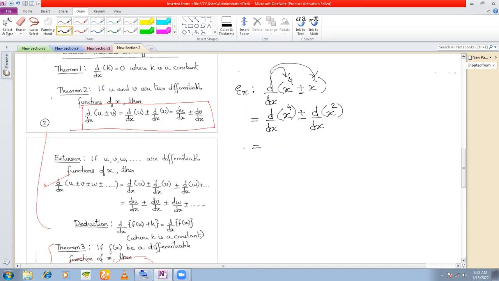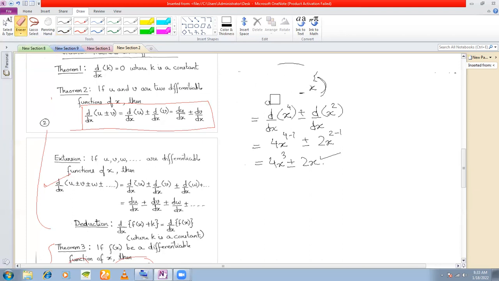And now from the formula, the differentiation of x to the power of n is n into x to the power of n minus 1, plus or minus. Again, for the second one, you have n into x to the power of n minus 1, which is 4x cubed plus or minus 2x. So the differentiation of this function, x to the power of 4 plus x squared, is 4x cubed plus or minus 2x. Clear?